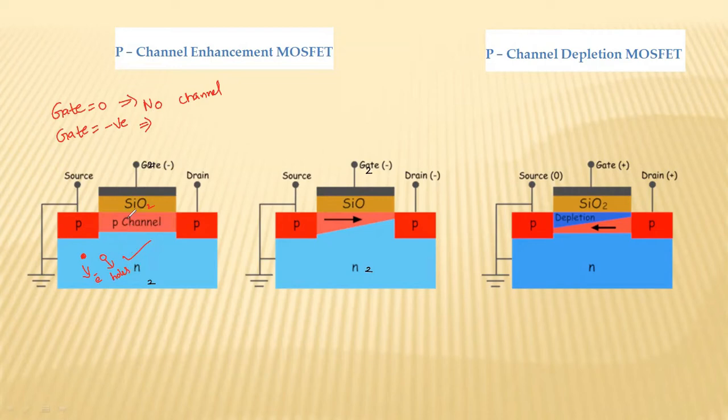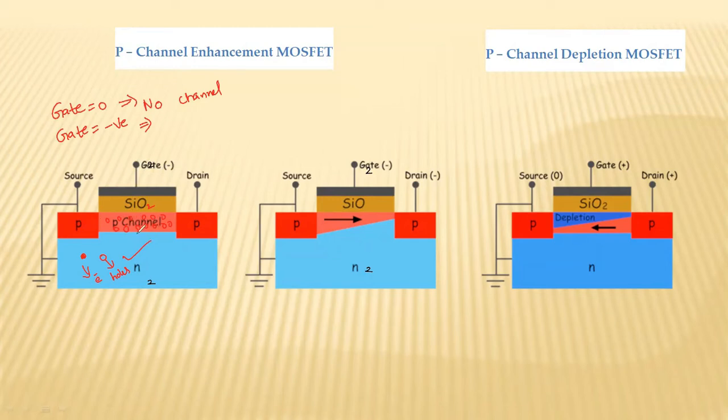These holes are attracted towards the silicon dioxide layer because on the opposite side we have negative charge. So these positively charged particles are accumulated here, so that we have a layer of holes which acts as the channel between the source and the drain. Here the channel is of p-type, so that is why we call it the p-channel MOSFET.